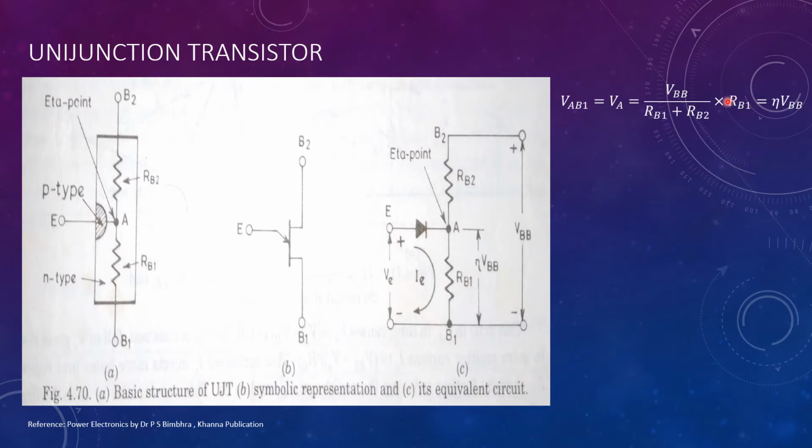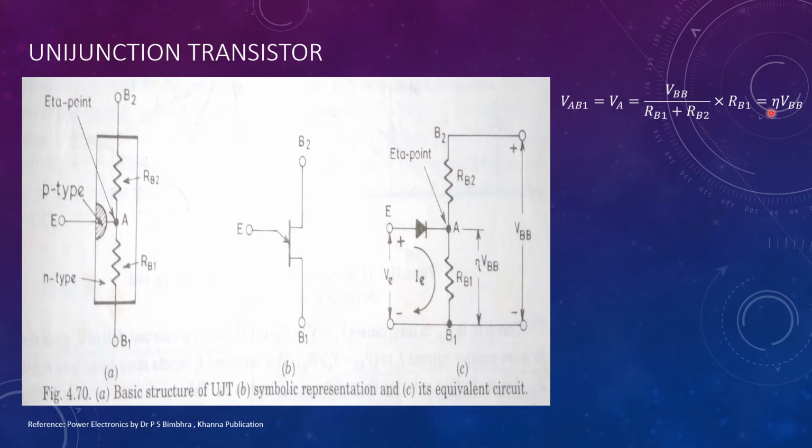Replacing RB1 divided by RB1 plus RB2 by eta, we have VAB1 is equal to eta VBB, where eta is the ratio of RB1 to RB1 plus RB2, the intrinsic standoff ratio.